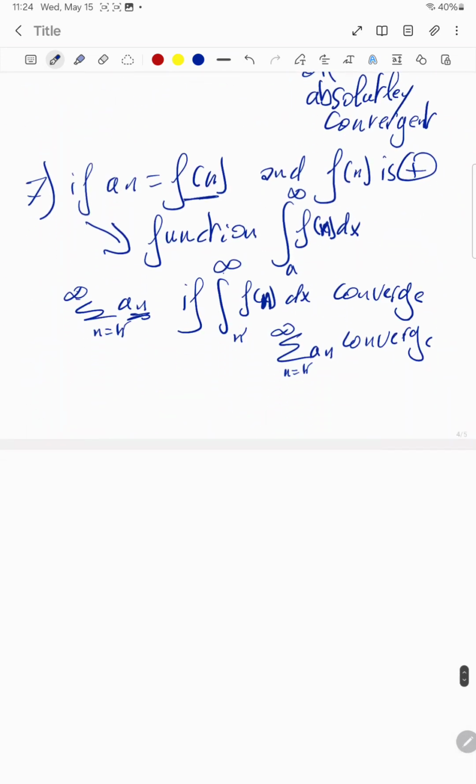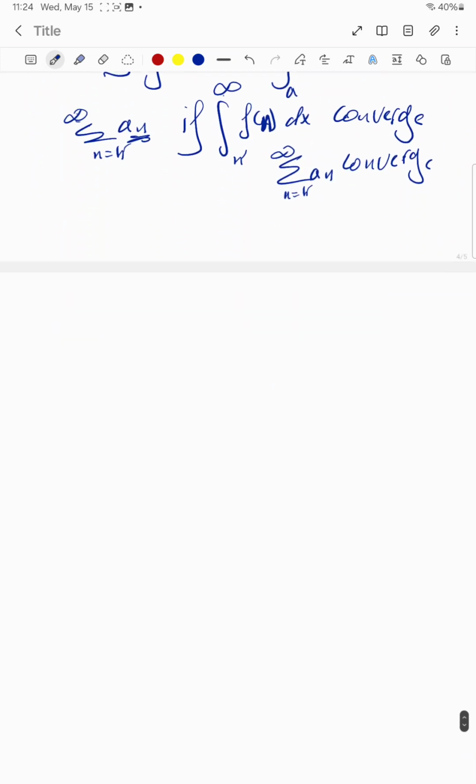Let's do the last strategy before passing to a new video with examples on the series. If the series terms are like an equals bn to the power of n, then we use the root test.